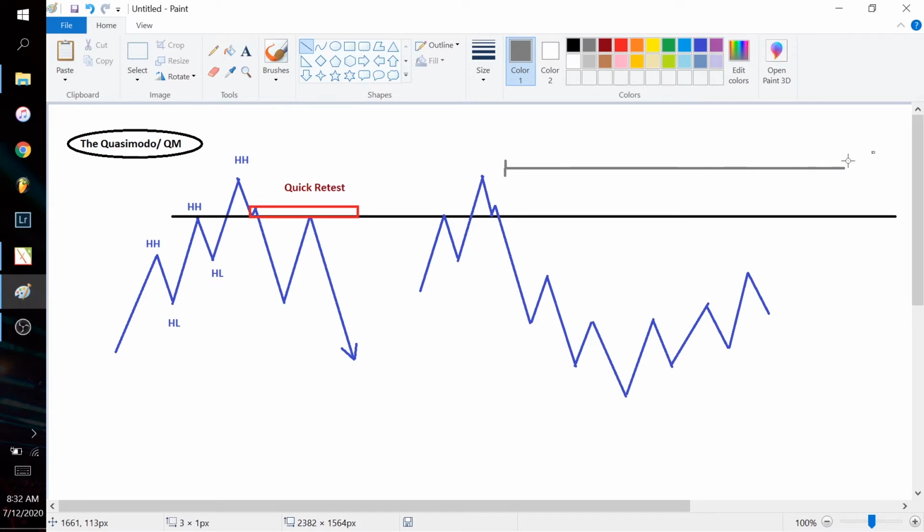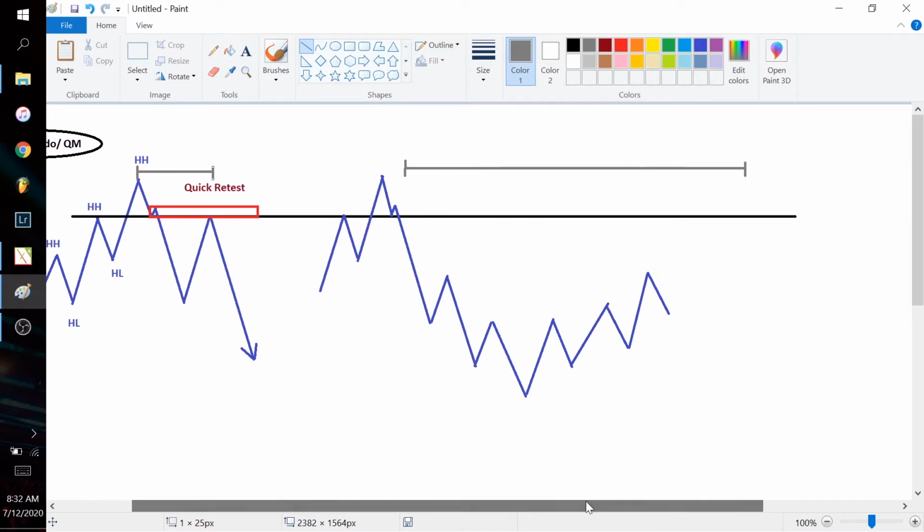So if you compare the difference between the quick retest, where you have the high here, the duration is very short, but in this case the duration is very long.